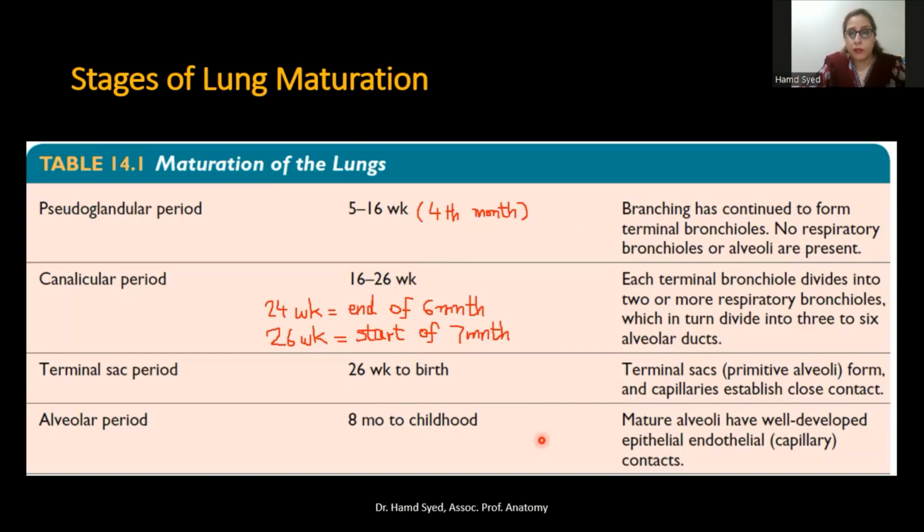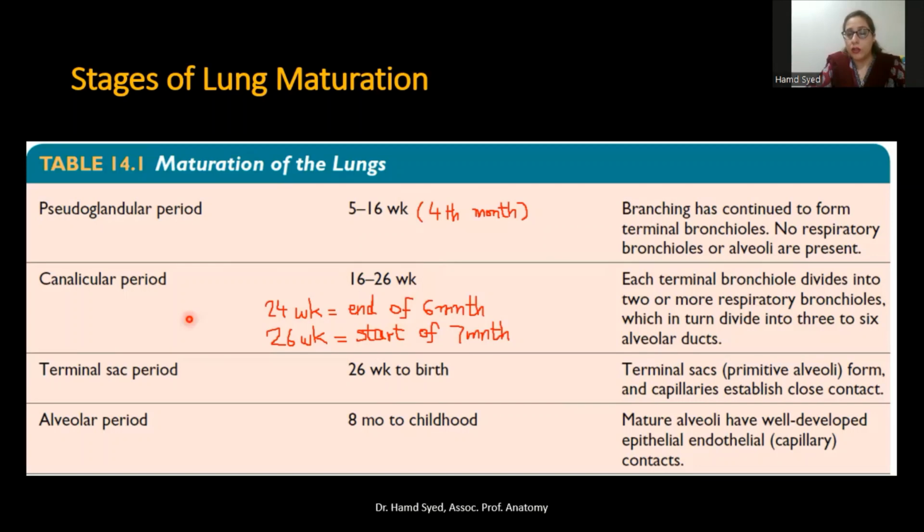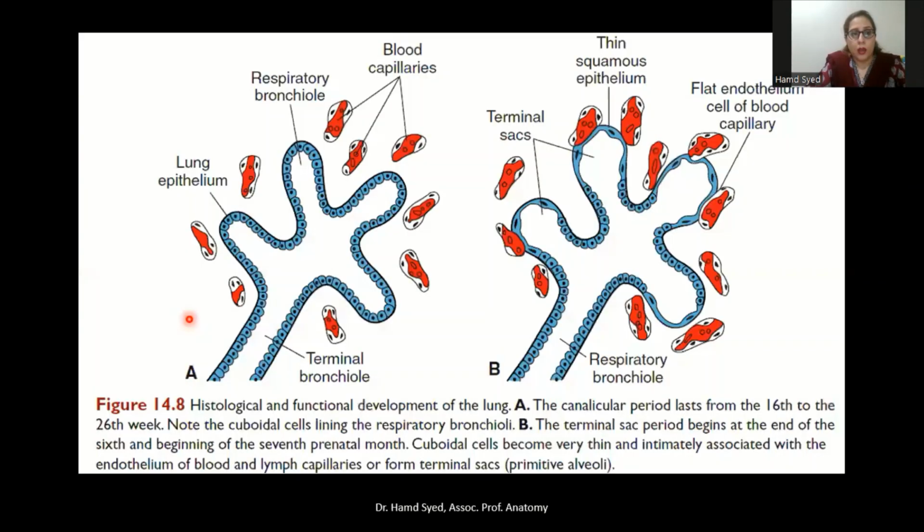So now that we have briefly discussed these stages, let's look a little into the detail when we're talking about the lung maturation. Diagram A shows us the canalicular period. And like I said, this is from the 16th to 26th week of development. The respiratory bronchioles, you can see in this stage, they are present. So here is the terminal bronchiole, and it is further dividing into these respiratory bronchioles.